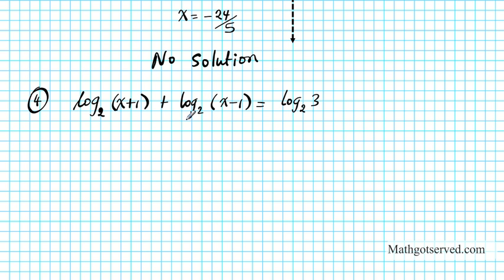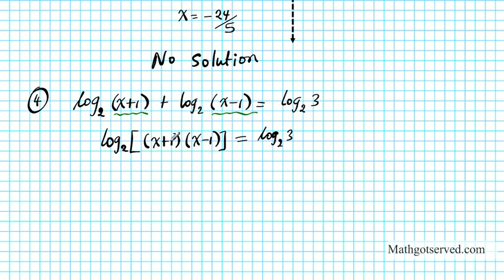To condense, we're going to use the product property of logarithms. So we have log base 2, and we're going to multiply the respective logarithmic arguments on the left side. So we're going to have x plus 1 times x minus 1 equals log base 2 of 3.